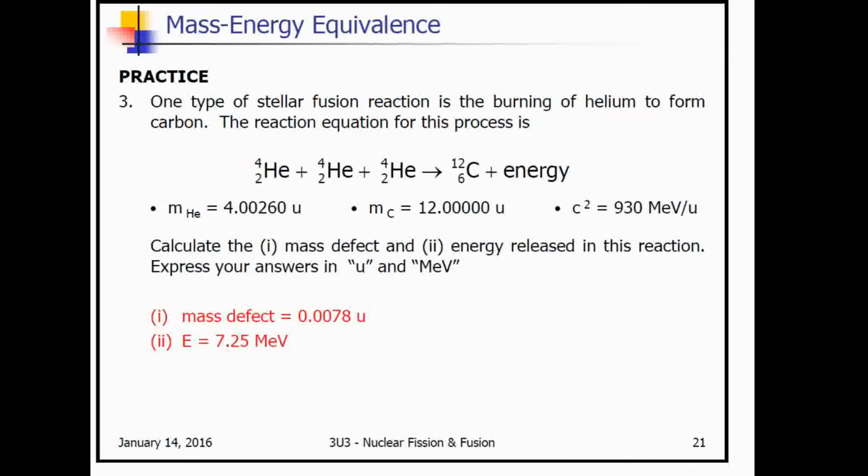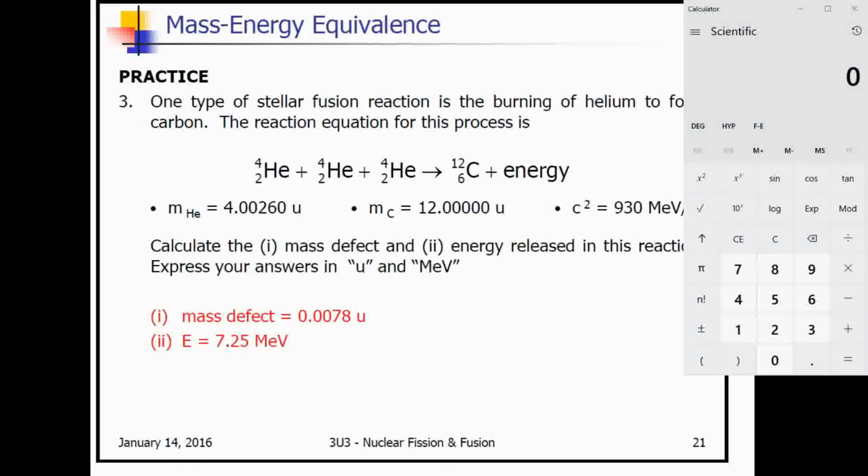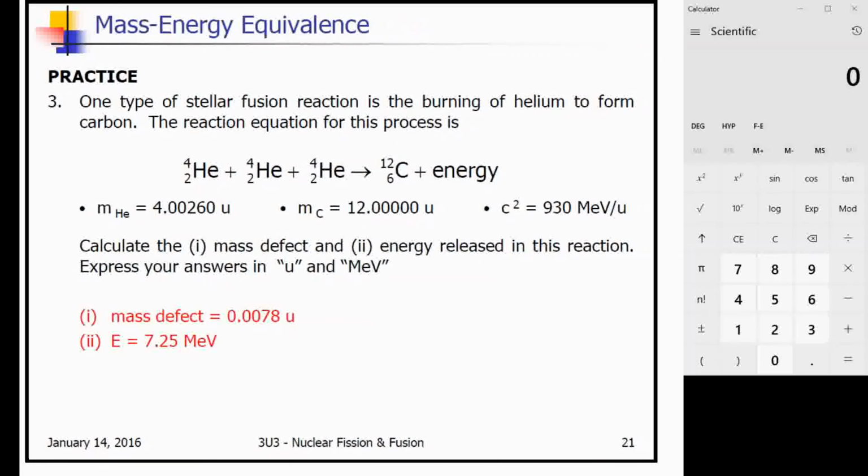So we're going to convert it to kilograms, and then convert it to energy in joules. But just be aware there is another method. So let's turn this on here, and I'll move this over.